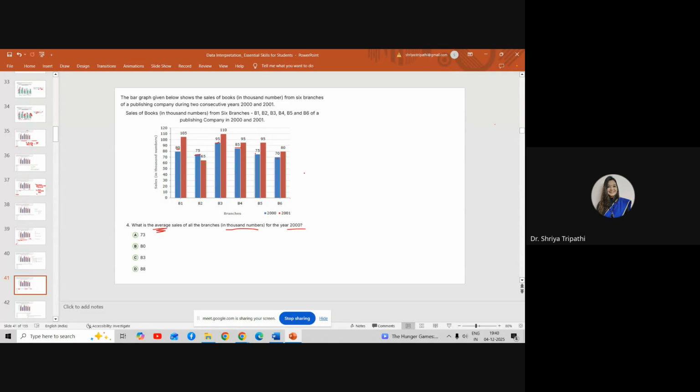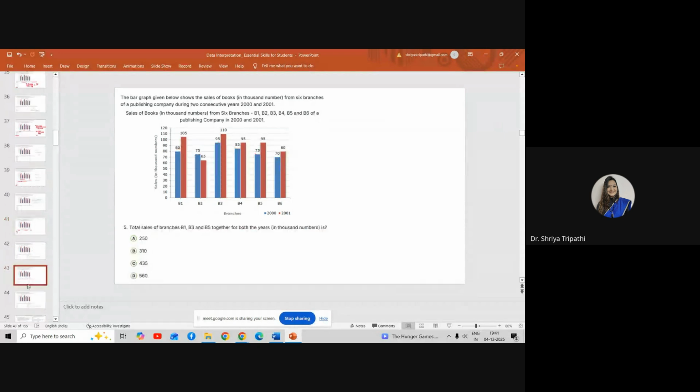Divide by 6. Quickly, what's the answer? B, B, B, B. Very good. Understood, everyone? Simple, right? We will add all these and divide by 6. So the right answer is option number B, 80.